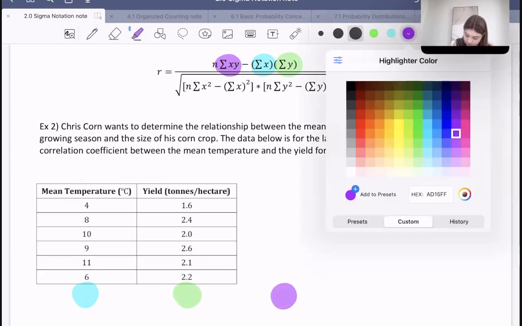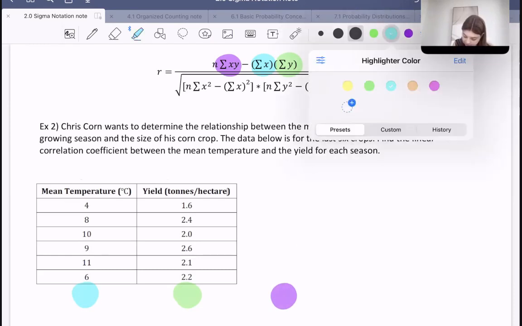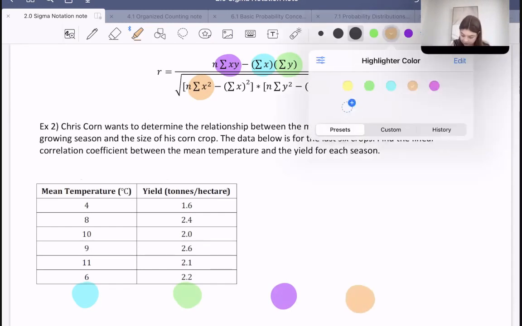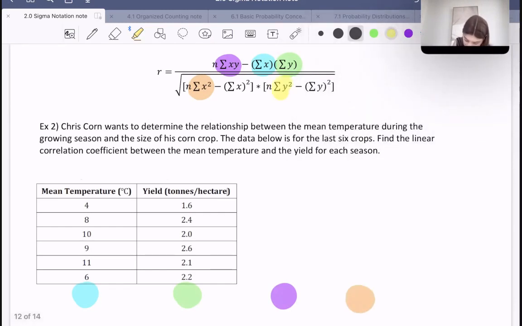And then we also need to find what else? A few more things. We need to find all the x squared values and add those up. And then we need to find all of the y squared values and add those up. Now notice I didn't say anything for this one specifically because this is the summation of all the x values squared and then the summation of all the y values squared.